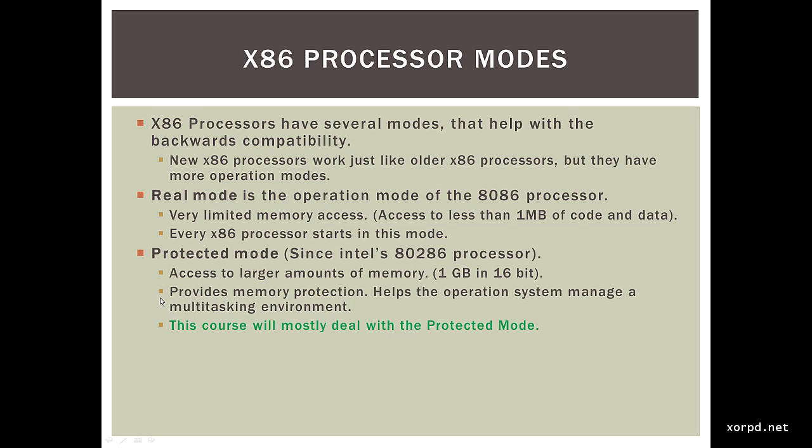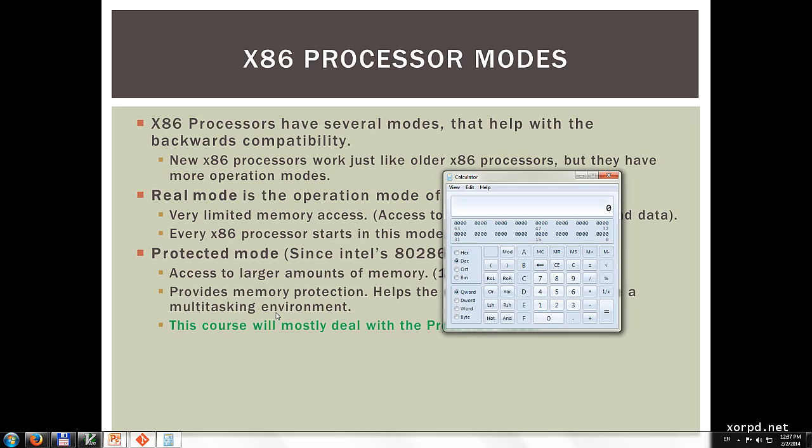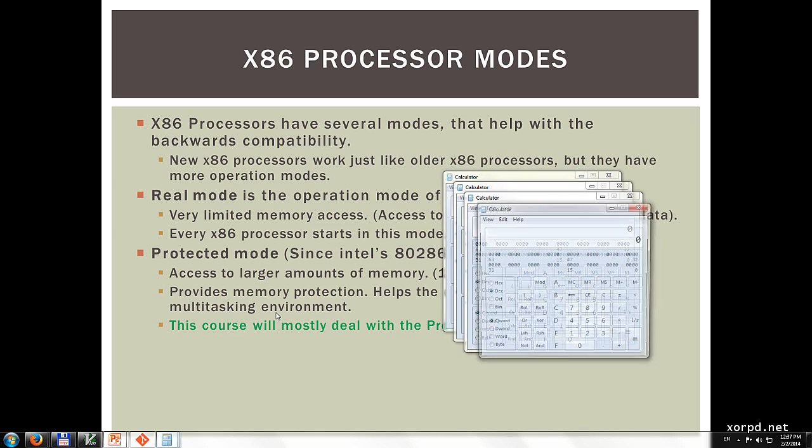In addition, it provides memory protection, which mostly means for you at this stage that it helps the operating system manage a multitasking environment. I assume that you are so used to multitasking environments that you might have forgotten, or maybe you have never understood or known, what it actually means. For example, it means that I can open a few programs at the same time.